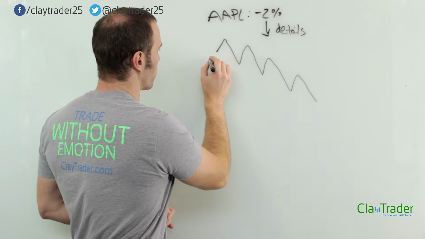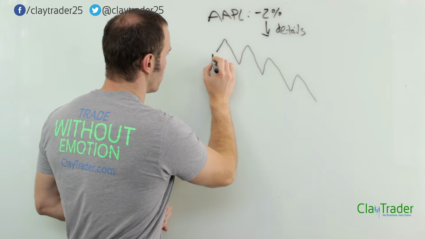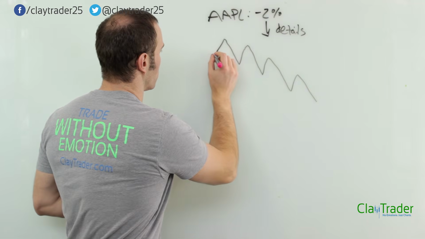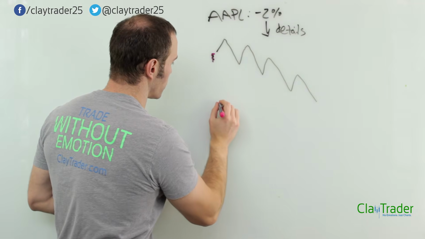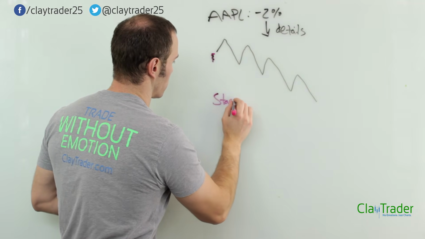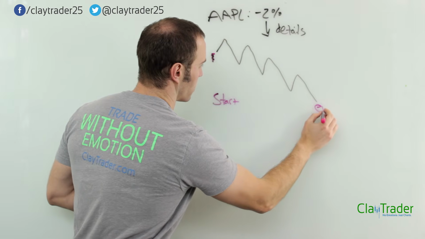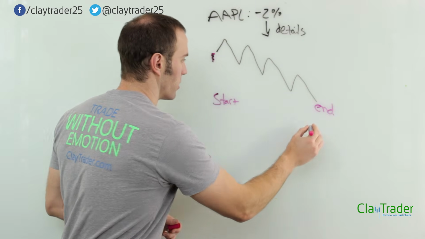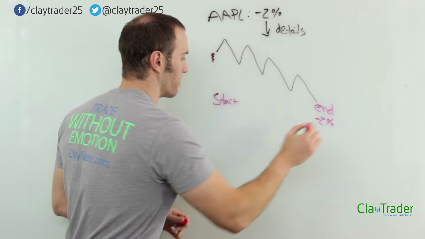And then over the course of the day, so let's change up colors here. So here was the start. And then here was the end of the day. And that is what's resulting in the negative 2%.